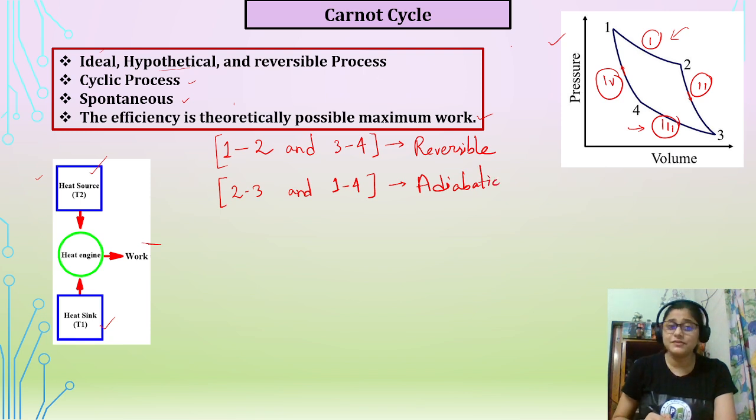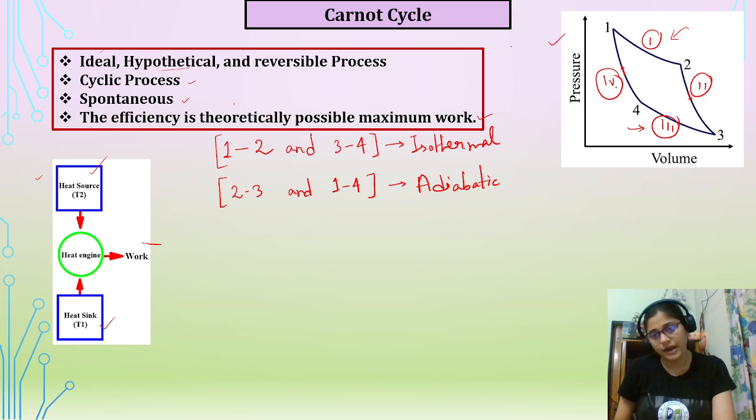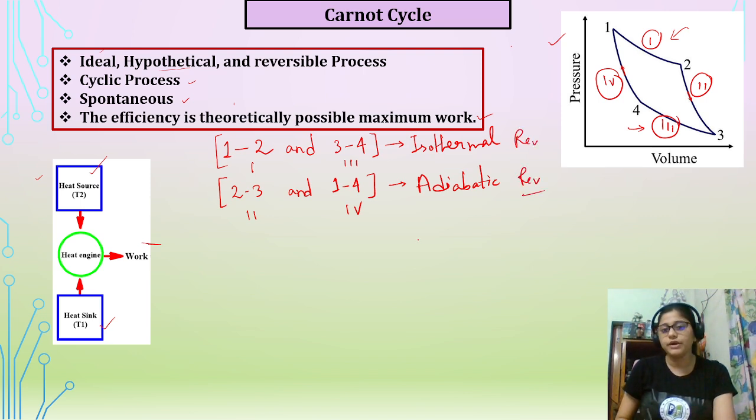All processes are reversible, as I told just now. So two are isothermal and two are adiabatic. Both are reversible: isothermal reversible, adiabatic reversible.